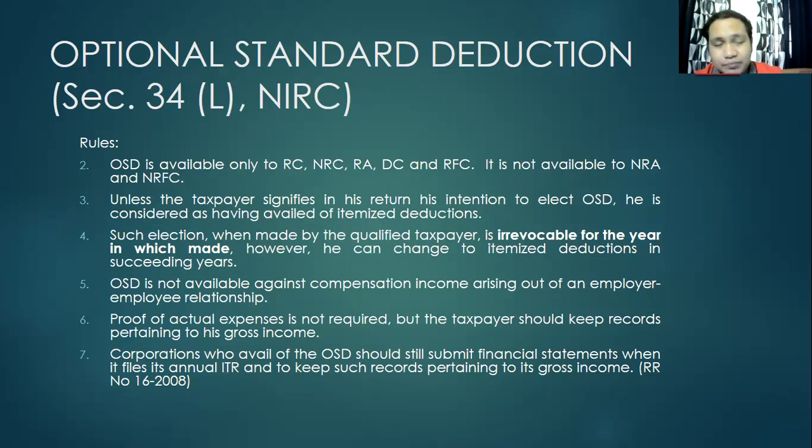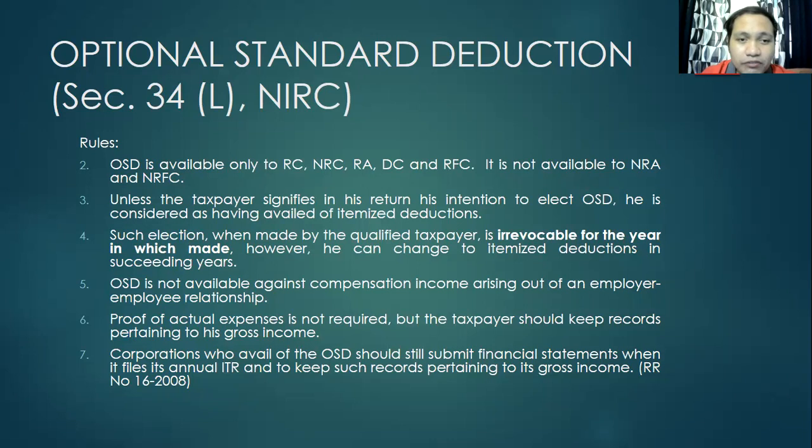Okay? So there's a difference between the two. Kahabulin ka ng BIR sa mga resibo mo. Okay? Bakit ka nag-deduct ng OSD if hindi mo nilagay sa return mo na you are going to avail of the OSD.